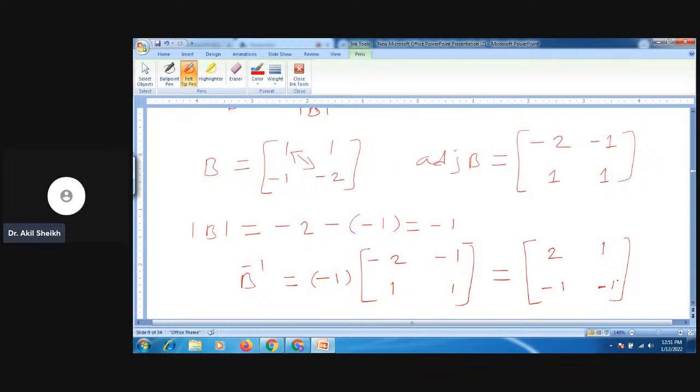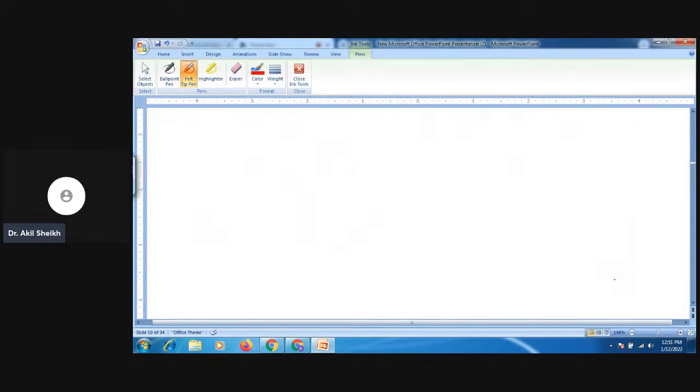Now, substituting these values in capital A is equal to B D B inverse. So matrix B is [1, 1; -1, -2]. Matrix D is [-1, 0; 0, -2].